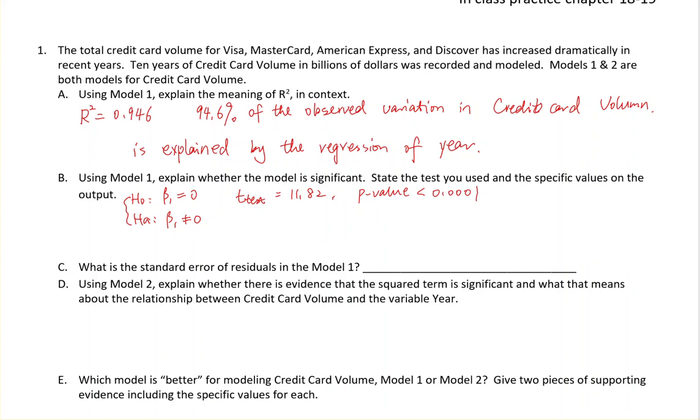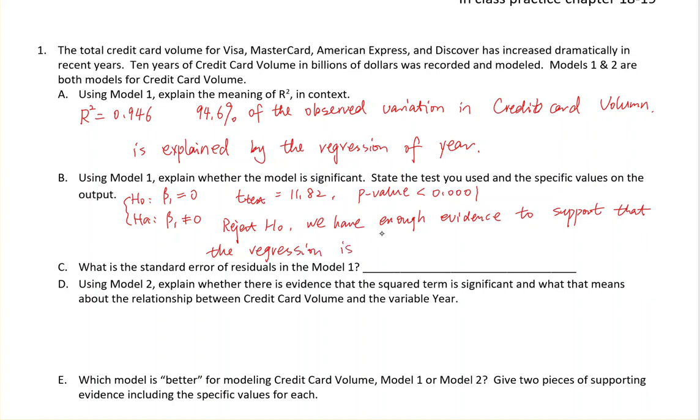So what does that mean? It means we need to reject the null hypothesis, which means we have enough evidence to support that the regression is significant or the regression is meaningful, right?